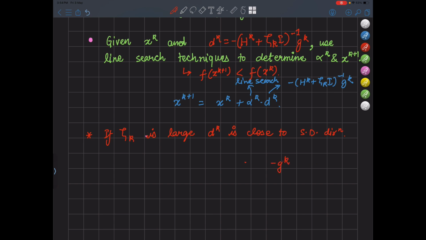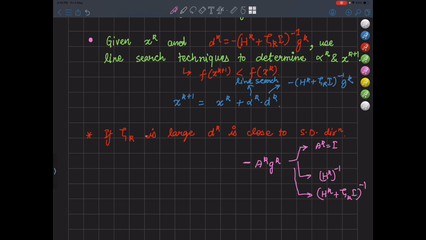The general algorithm had Ak gk; steepest descent chose Ak to be I, and classical Newton method chose Ak to be Hk inverse, and this modified method has chosen Ak to be Hk plus xi k I inverse.